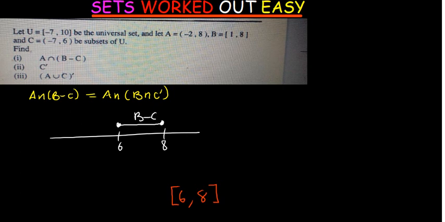And then the other thing that I'm going to do is now to put A on the number line. A is starting from negative 2 up to 8, and we are not including any of these. Now, we want to take the intersection of A and B minus C. Now, where are these two sets intersecting? So we can clearly see that they are intersecting here.